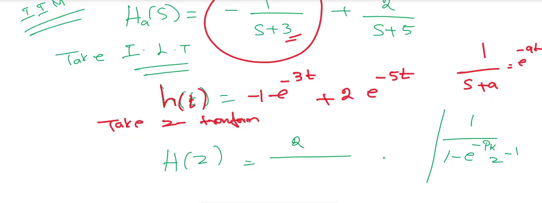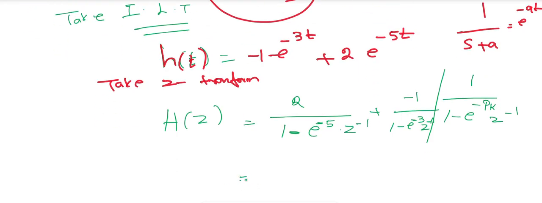So H of z is 2 by 1 minus e power minus 5 into z inverse, plus minus 1 divided by 1 minus e power minus 3 into z power minus 1.